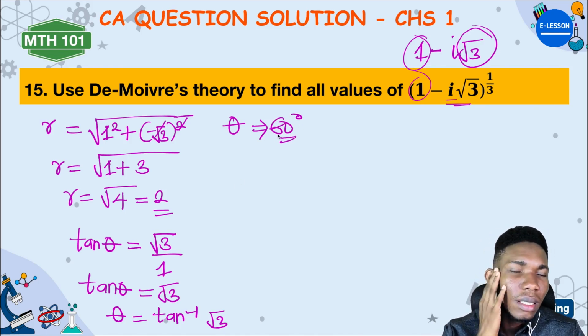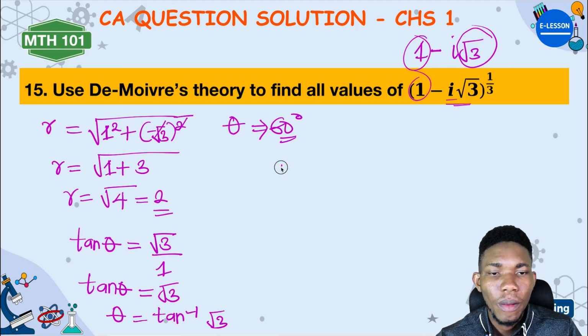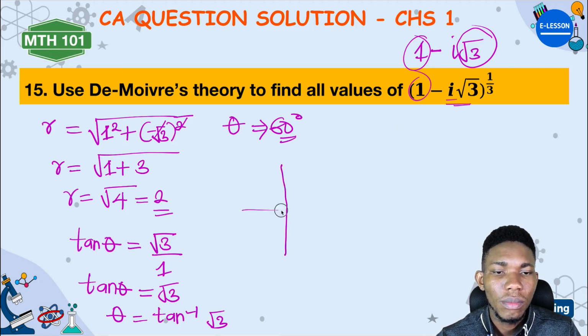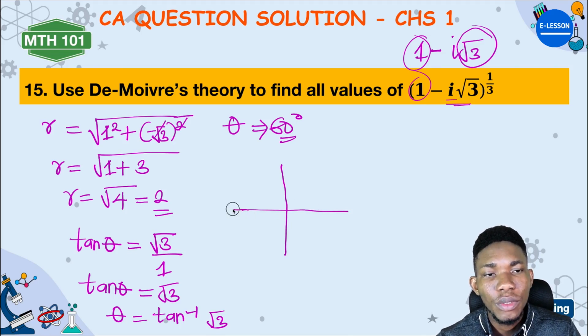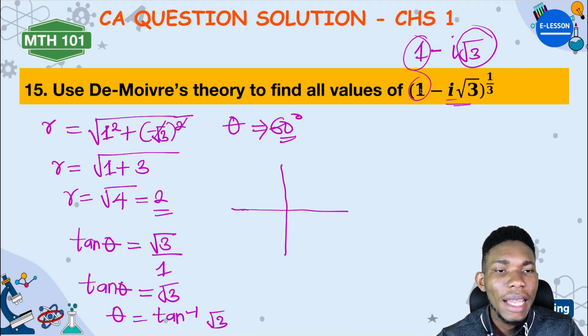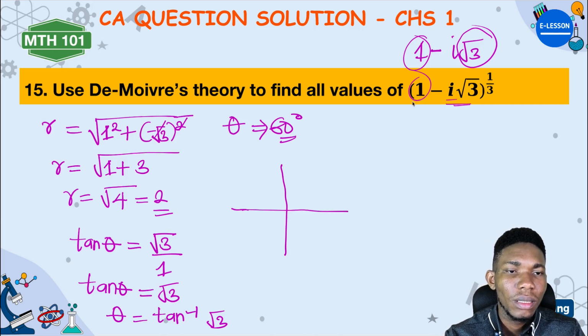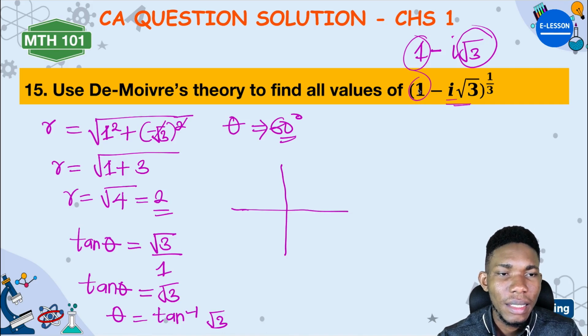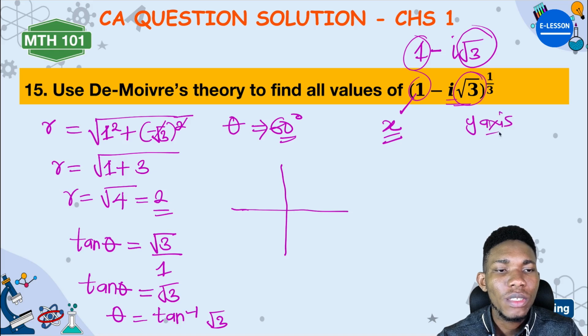Now this 60 degrees, if you plot the graph, the real part is the x-axis, while the imaginary part, root 3, is the y-axis. You must take cognizance of the sign.